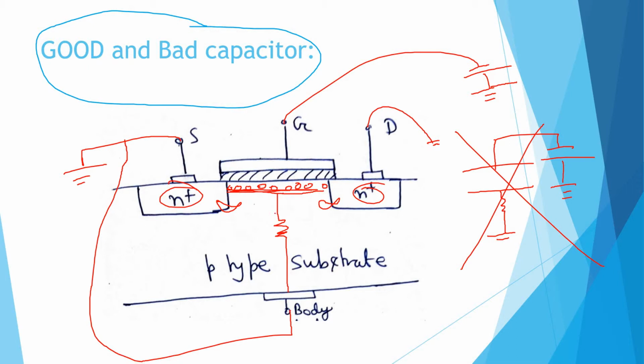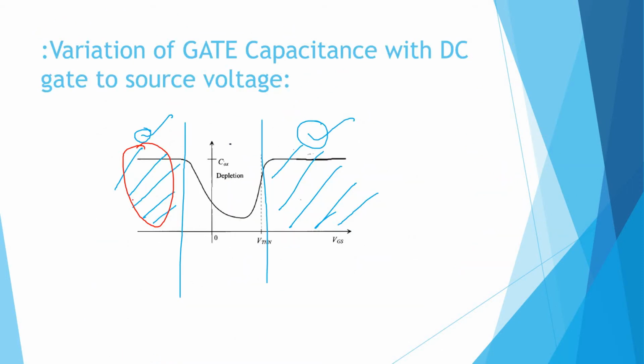So the only way is flowing through this p-type substrate itself, where you encounter a huge resistance. Okay, so this is the disadvantage if you want to use the MOSFET as a capacitor in this region. So this is not a good choice.